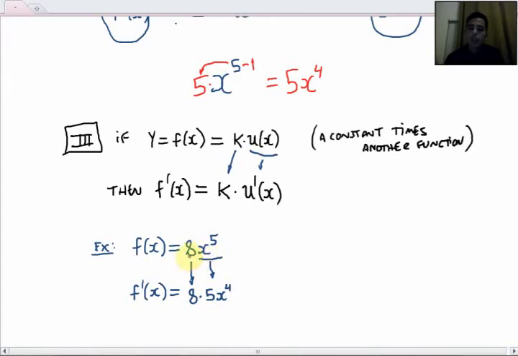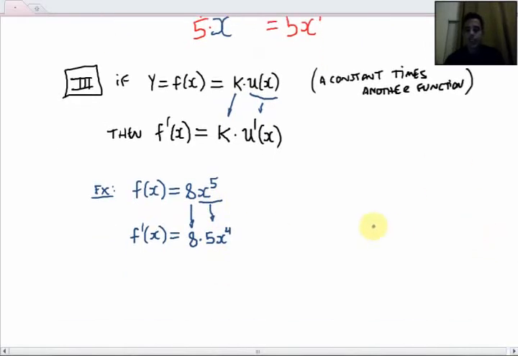So you repeat the 8, repeat the constant, and the derivative of x to the 5th is 5x to the 4th. So this becomes 40, right? 8 times 5 is 40x to the 4th.